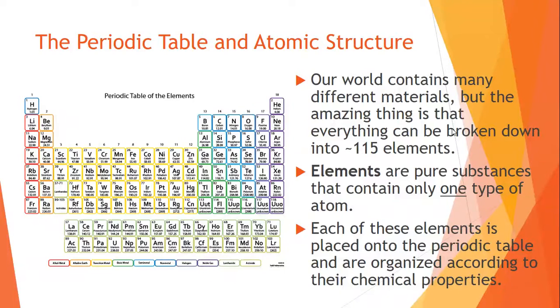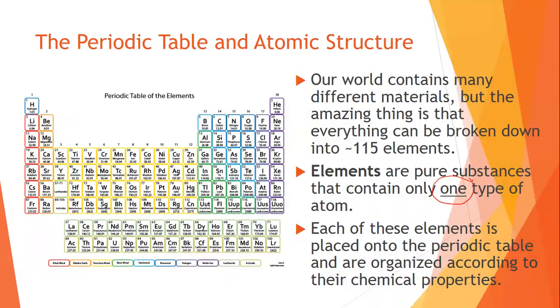It's a liquid metal. There would only be mercury atoms in there. So an element is a pure substance that contains only one type of atom, all right? And there are about 115 elements as we speak right now. Some of them are naturally occurring and some of them are man-made.